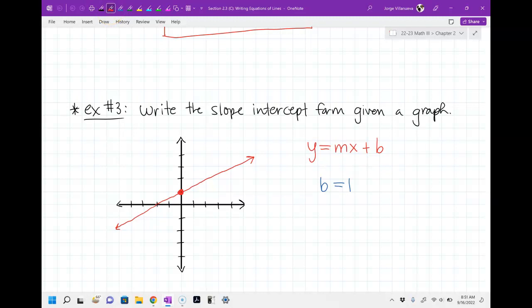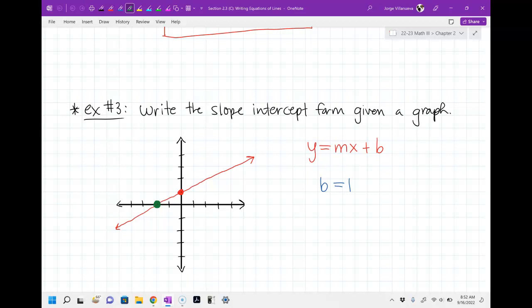Okay. To figure out my slope, all I need to do is pick one more point and then count. Remember how we did like 2 lessons ago where we just had pictures and we would count up and to the right or down and to the right? So that's what I'm going to do. So I'm going to pick one more point. Here you go. I'm going to pick this point right here. Okay? How many times do I have to go up and to the right to go from the green dot to the red dot?